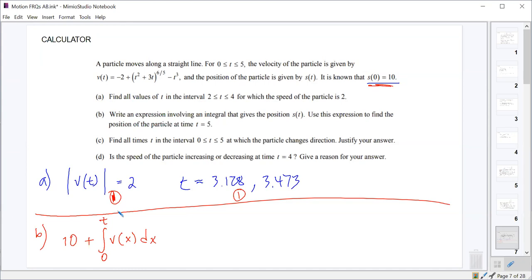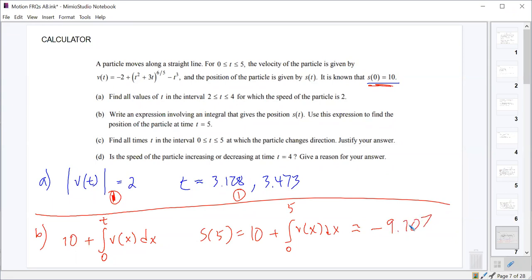The second part says we need to evaluate that for t equals 5. So we're looking for the position at t equals 5. We'll just plug in 5. So s of 5 is 10 plus the integral from 0 to 5 of our function, and that should have come out to be negative 9.207.